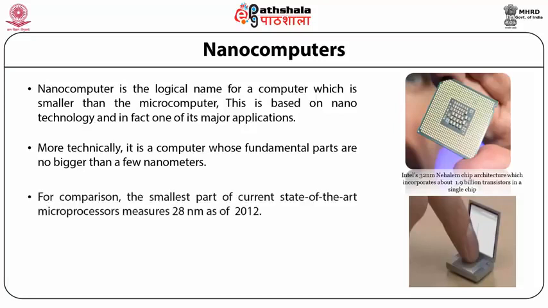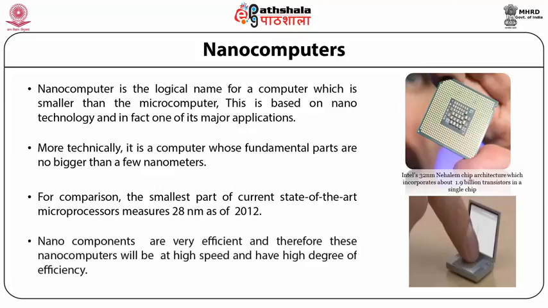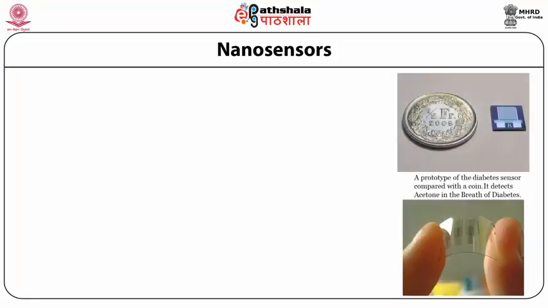For comparison, the smallest part of a current state of the art microprocessor measures 28 nanometers as of 2012. Nano components are very efficient, and therefore these nanocomputers will have high speed and a high degree of efficiency.